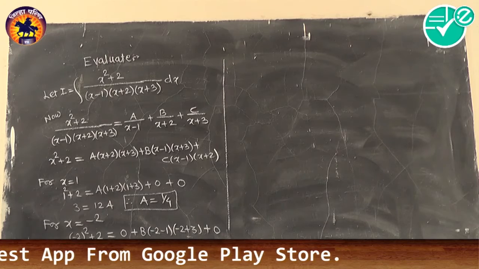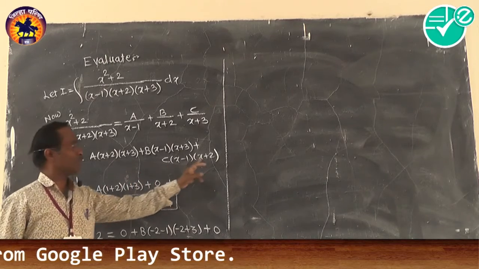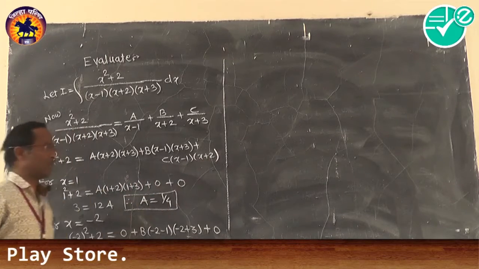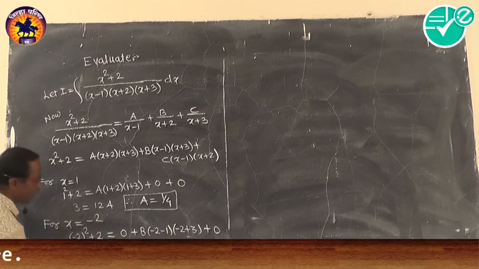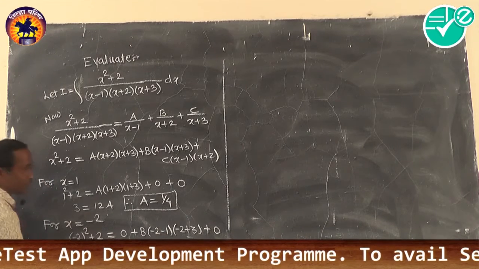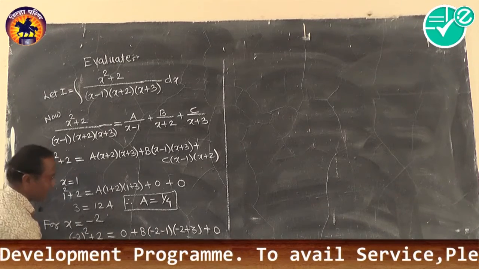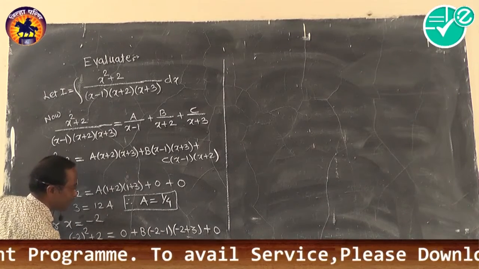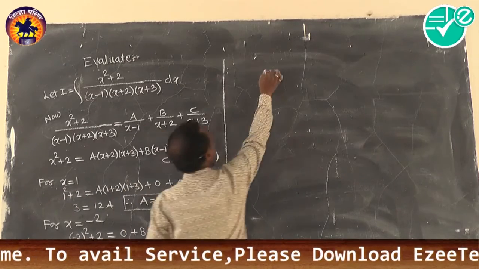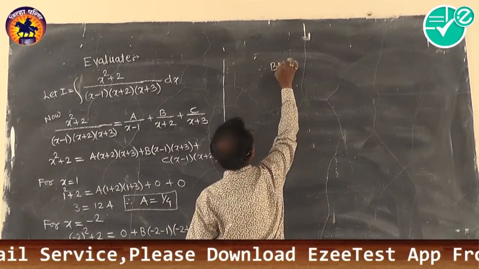The factor which contains x plus 2 becomes 0, since minus 2 plus 2 becomes 0. So we get 6 is equal to minus 3 into 1, that is minus 3B. Therefore, B is equal to minus 2.